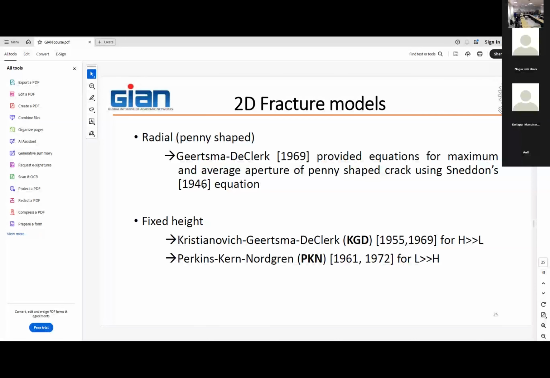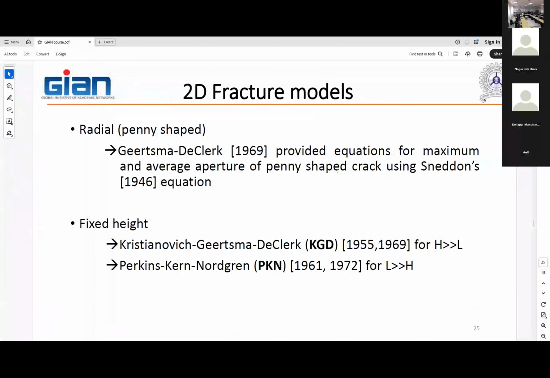So, some of the methods for calculating the hydraulic fracturing parameters. First of all, it is a matter of debate whether a single fracture or multiple fractures are created in a hydraulic fracturing job from one set of perforations.